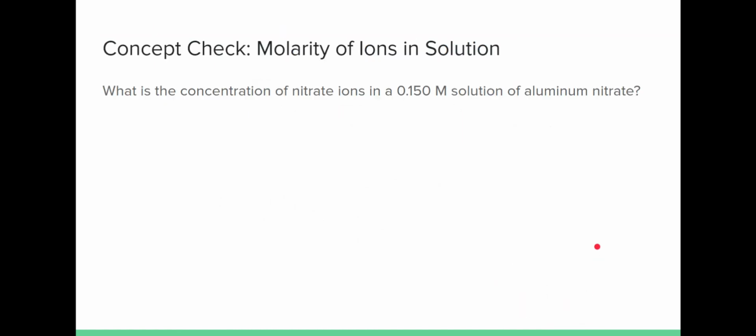For a quick concept check, let's take a look at this situation where we have a certain concentration of aluminum nitrate, and we want to look at the concentration of various ions in that specific situation.